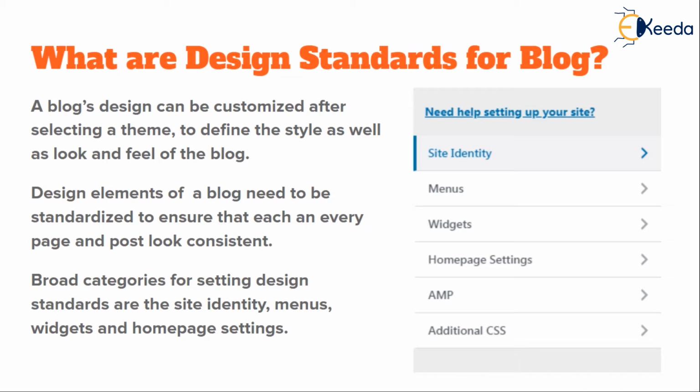Similarly, additional CSS is something that requires a little bit of understanding of coding, and since this course is not really covering that, we will talk again about the user friendly, drag and drop kind of options which are provided to you by the rest of the four options in the CMS, and learn how using just these four functions you can control and improve the overall design and presentability of your blog.